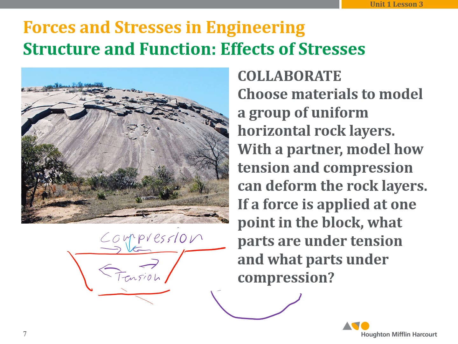So when somebody is designing something like a bridge, they need to design structures that can withstand those forces of compression and tension. And one way to do that is with something called a truss. You may have seen bridges like this where there are triangular members, and these are at very specific angles.